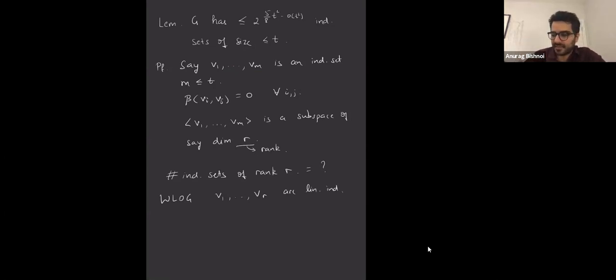This implies that the remaining elements, V of R plus 1 up to V sub m, they all lie in this span, in this R dimensional subspace, right? So we are first going to estimate the number of ways of picking these R linearly independent vectors, and then we are going to pick these vectors one by one.